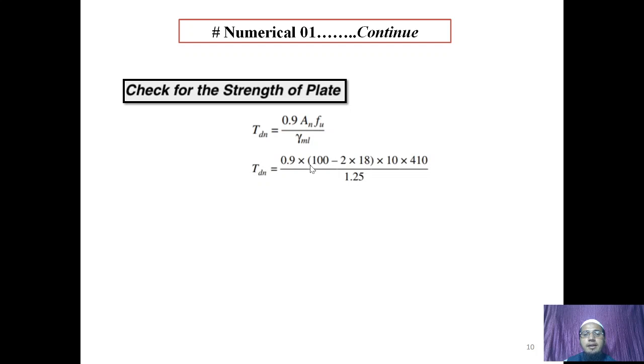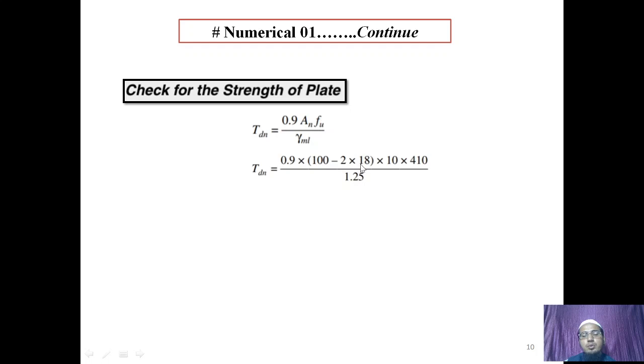Here, the net area of the plate is 100 minus 2 times d into thickness. In our case, the critical section will carry two bolt holes, which are in chain bolting. Hence, b minus n ds into t. This will be the formula for net area calculation.